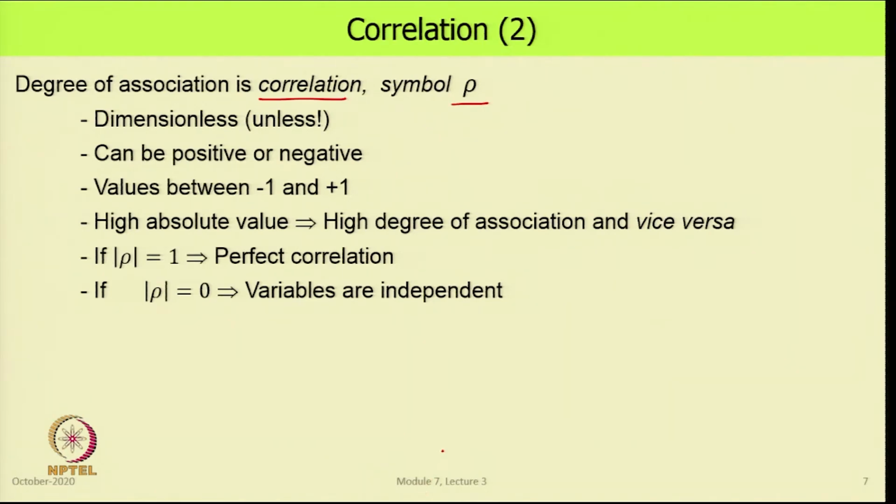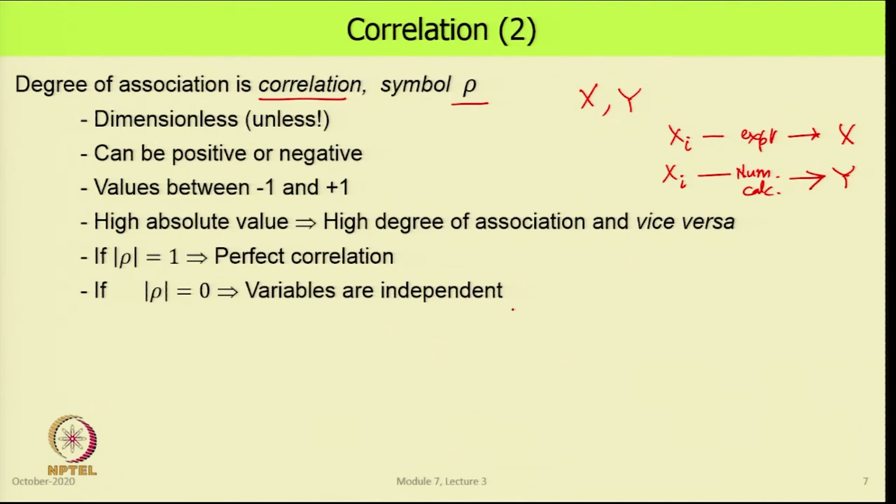Generally rho is dimensionless as long as x and y are the same parameter coming from two different sources. So, it could be a parameter xi coming from experiment, which we call x, and the same parameter xi coming from a numerical calculation, which we denote as y.